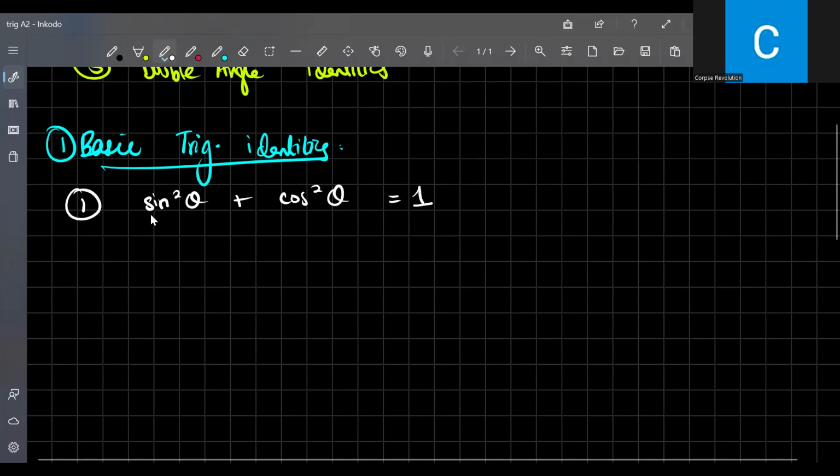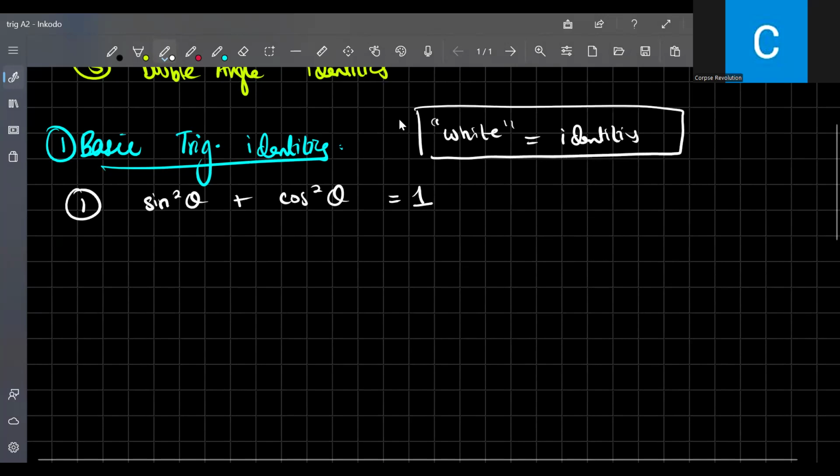And by the way, the stuff which I'm writing with white are the identities. And anything else is just an explanation or rearranging stuff. So the stuff in white, those are the identities which you have to learn by heart. Let me just solve with yellow. So sine square theta plus cos square theta is equal to 1 can be rewritten as sine square theta is equal to 1 minus cos square theta, or cos square theta is equal to 1 minus sine square theta.